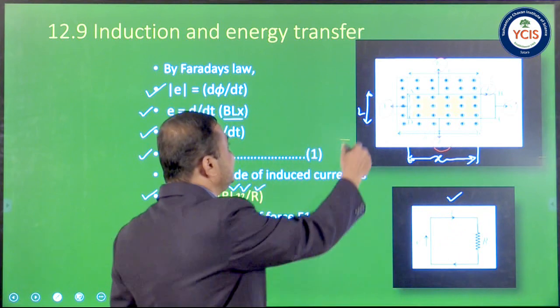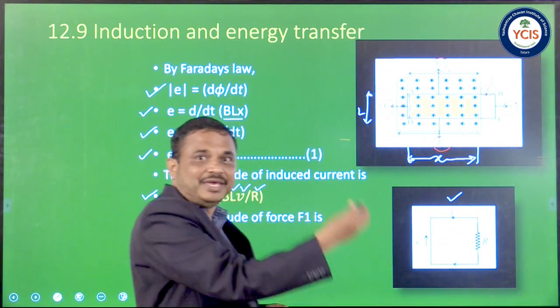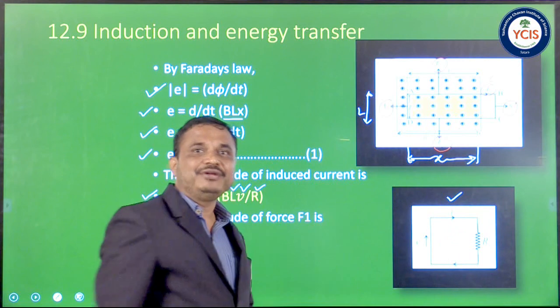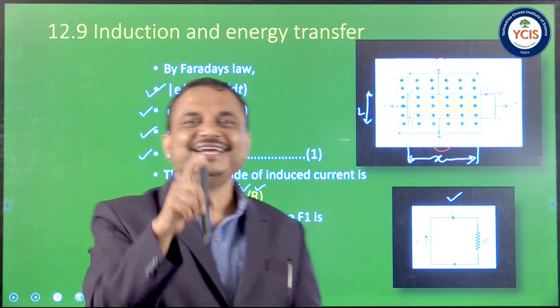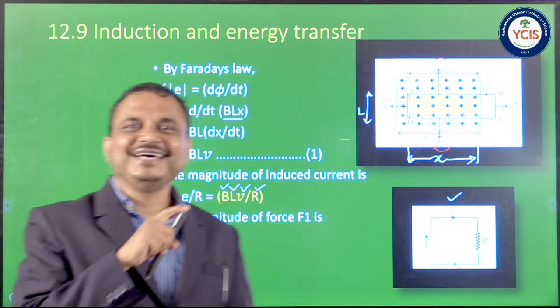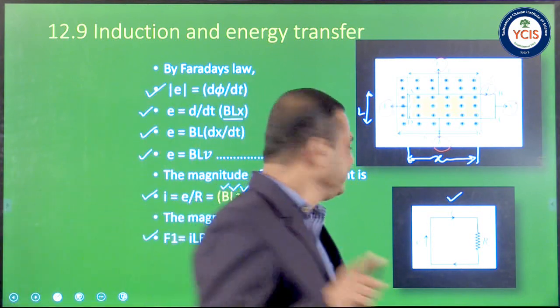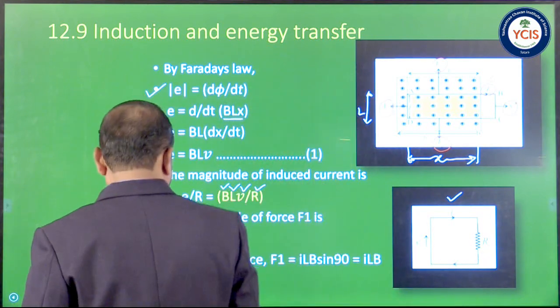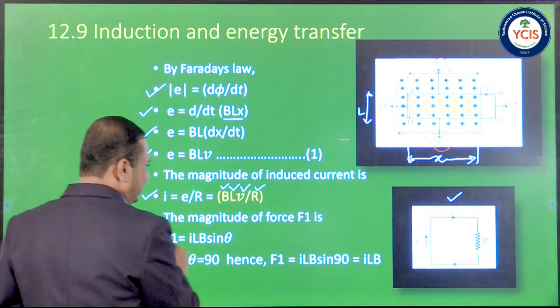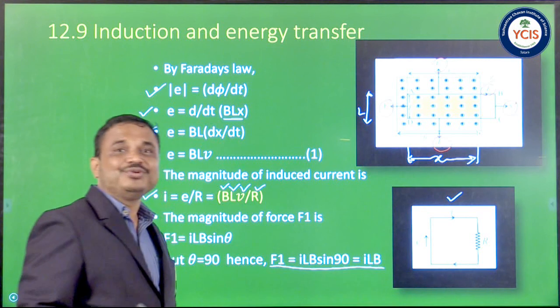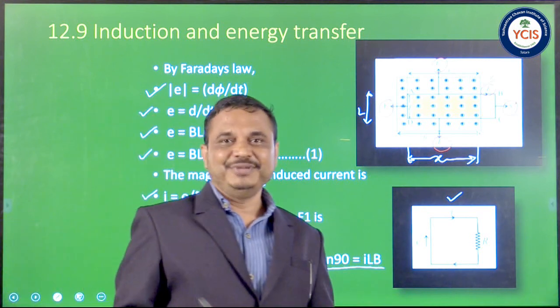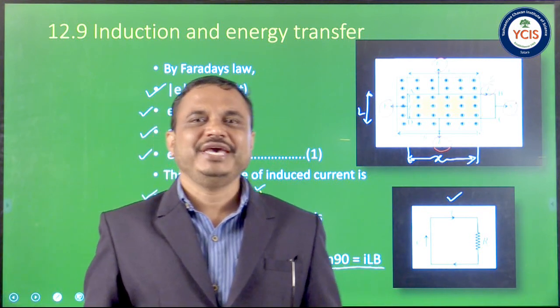Here AD is vertical and B bar is perpendicular to the plane of the figure and directed inwards, so theta is 90 degrees and sin theta equals 1. Therefore F1 equals ILB sin 90, which is ILB.